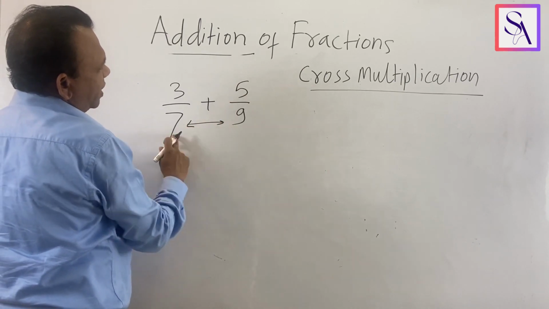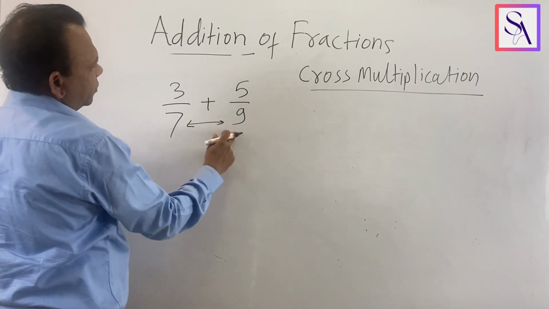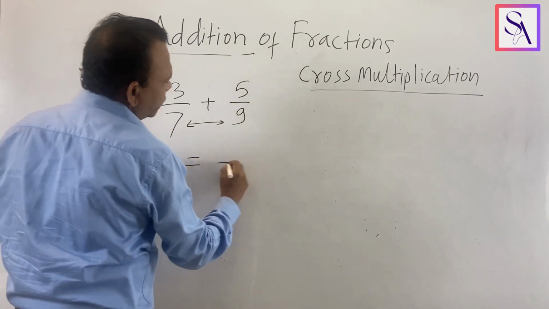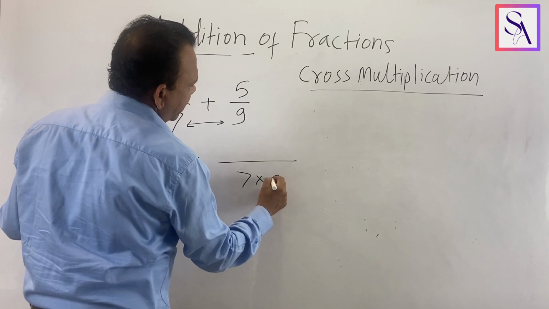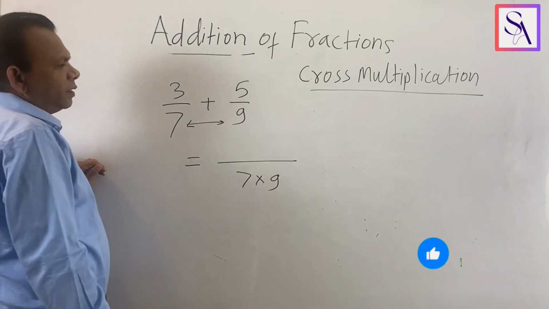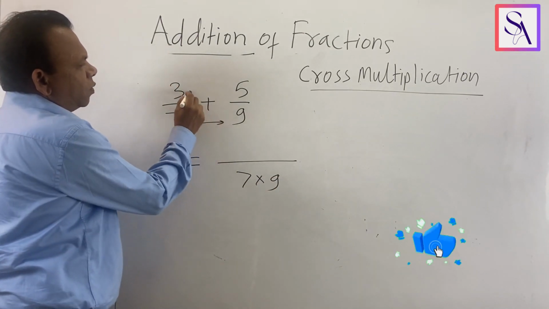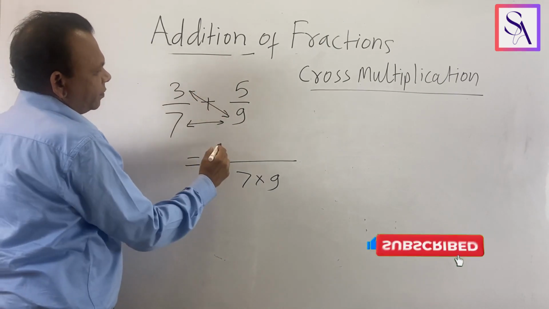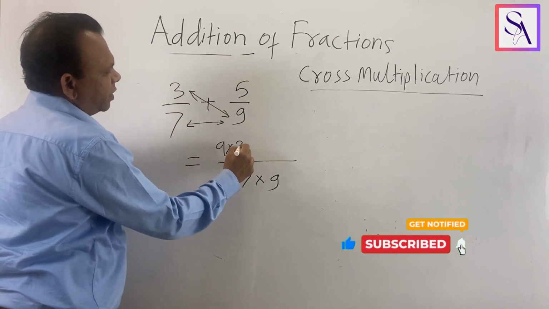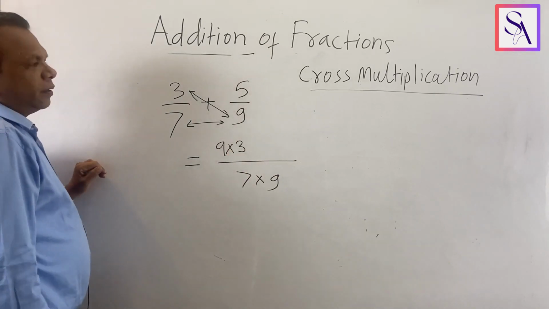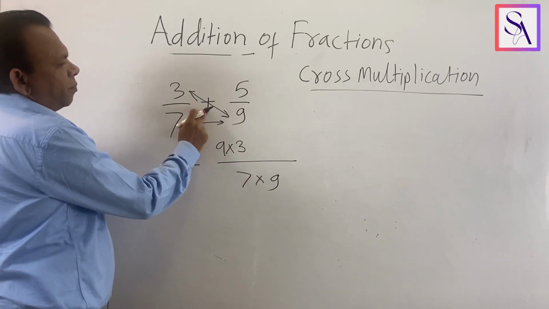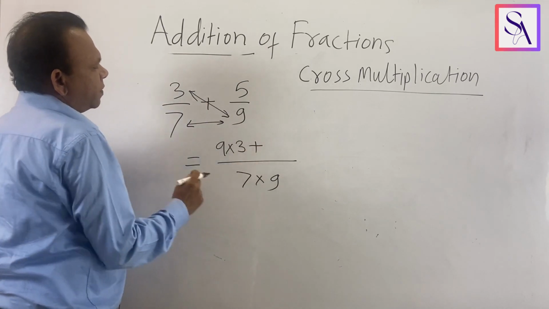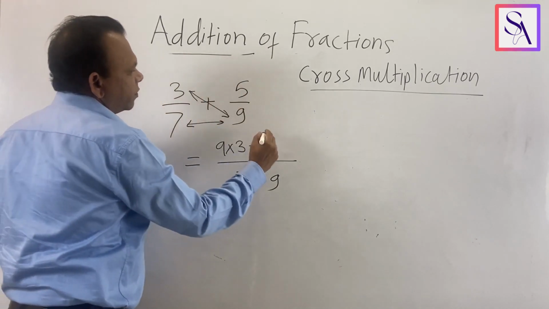So you just have to multiply these denominators. How are you going to do it? 7 into 9, right? Then you have to do cross multiplication like this: 9 into 3, then whatever sign is here, plus is there, so plus 7 into 5.